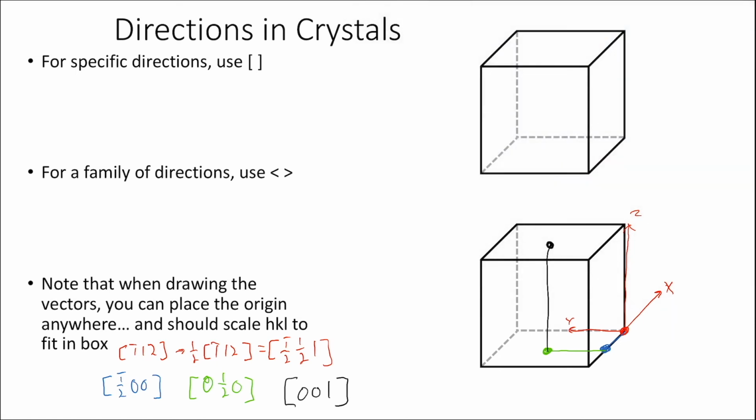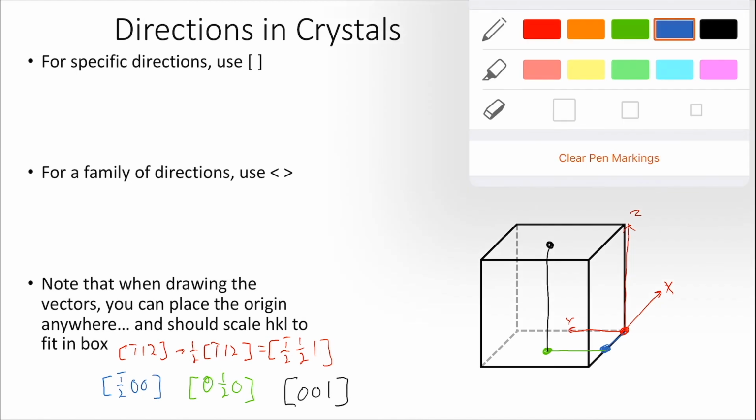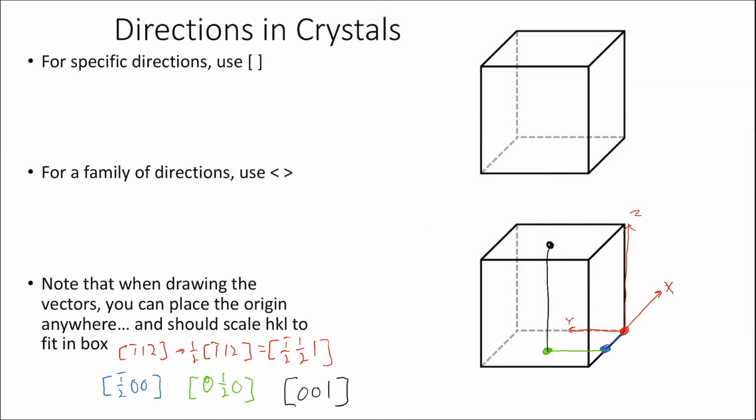That's going to be our final vector here. I'm going to make this red. We're going to go from the origin and up here, and this is going to be our -1, 1, 2 direction. All right, no problem for directions.